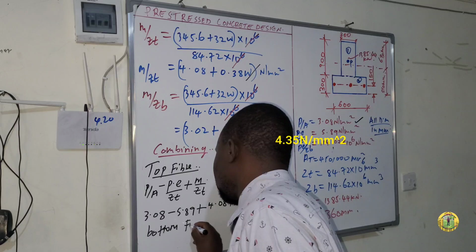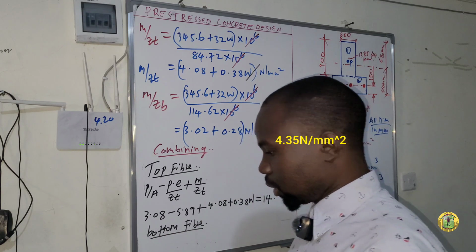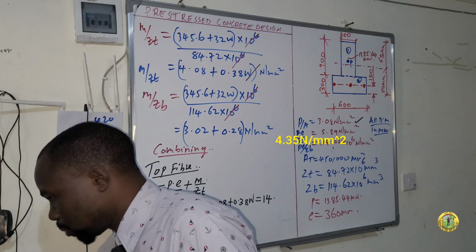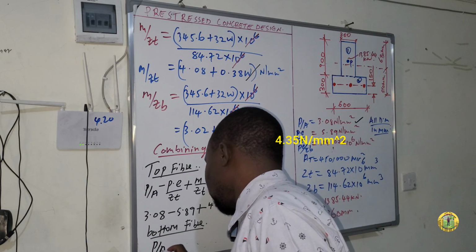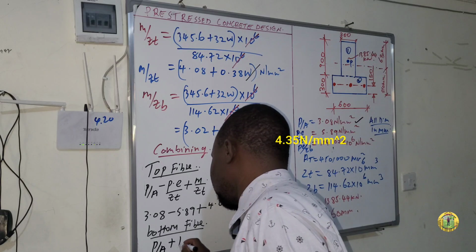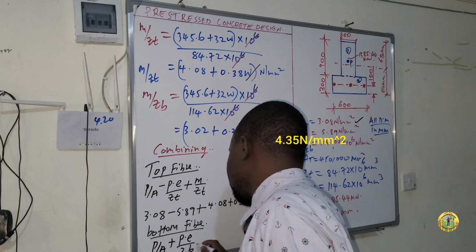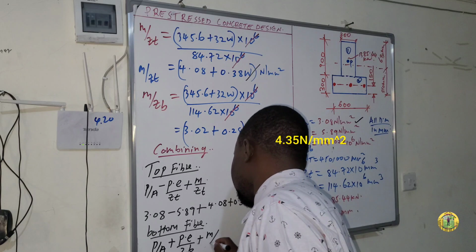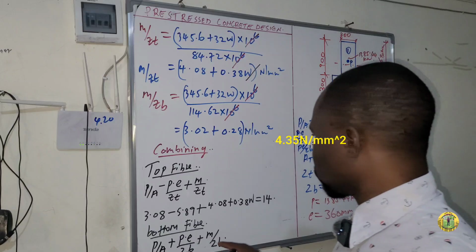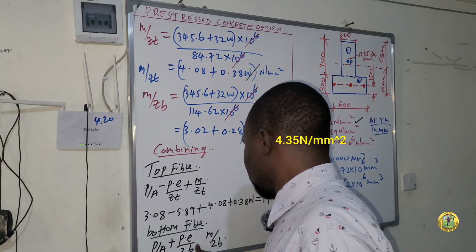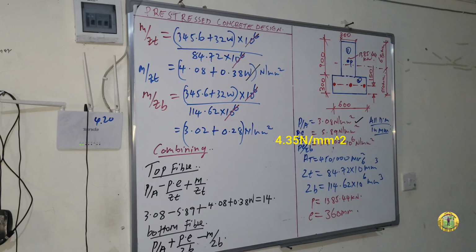So for the bottom fiber, we'll have P over A plus PE over Z bottom plus M over Z bottom. Now this one is supposed to be minus, not plus, minus, that's for the bottom part.